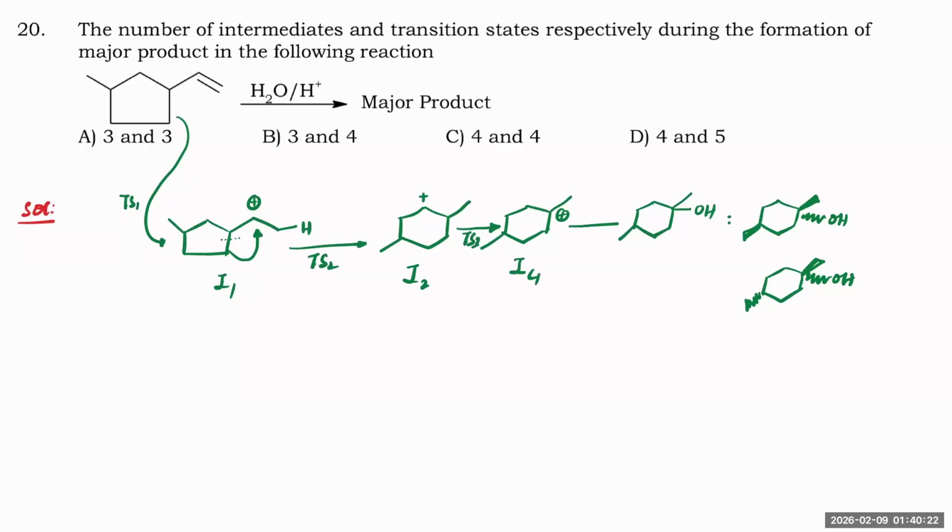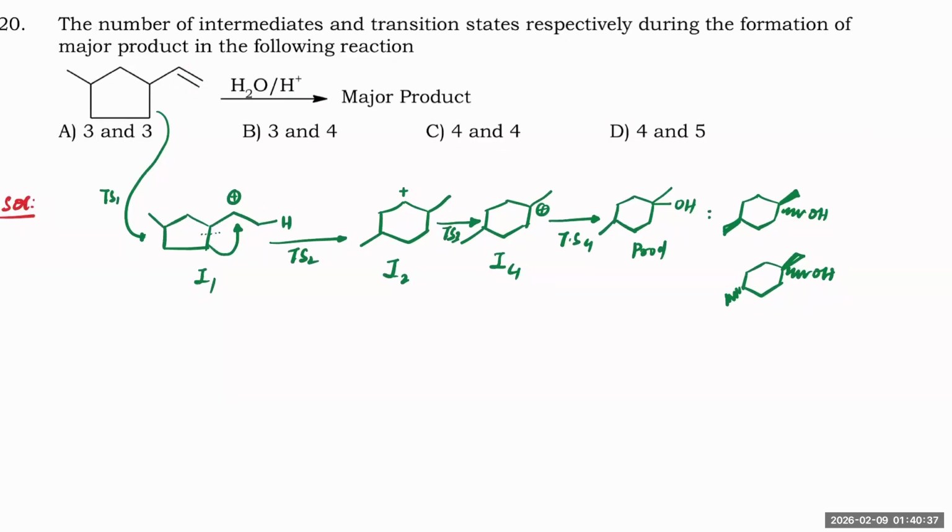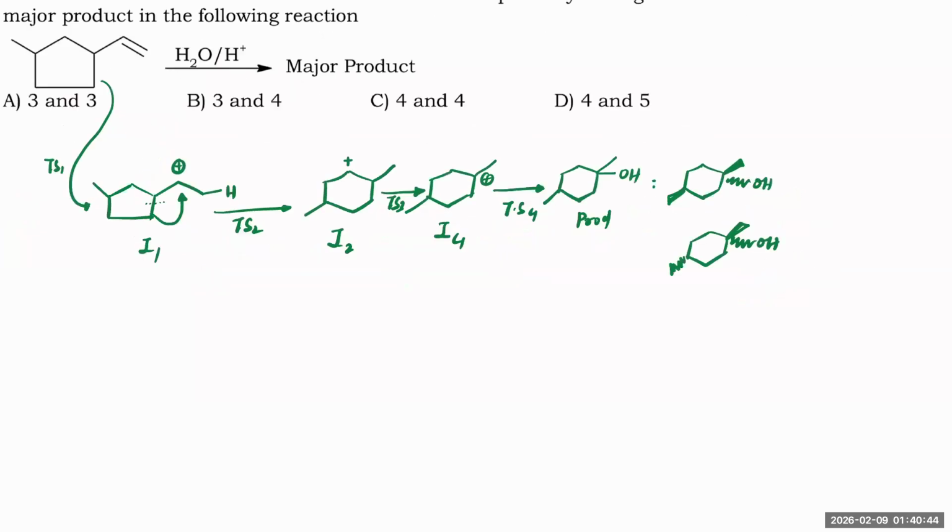Okay, and here is the final product. So this is transition state 4. Okay, so TS1, TS2, TS3, and then I'll write the last one also.